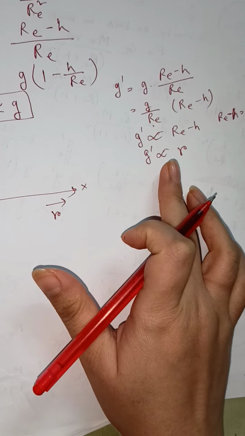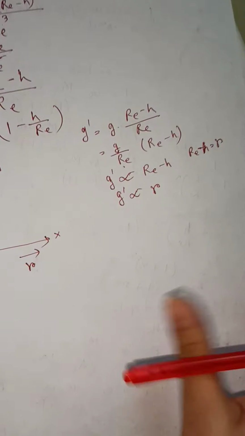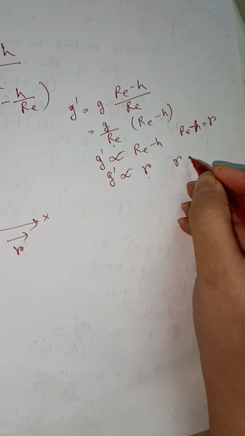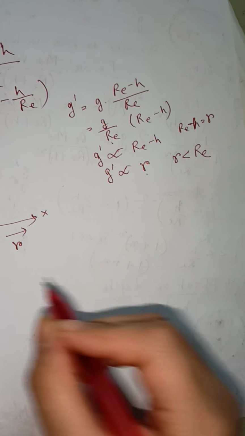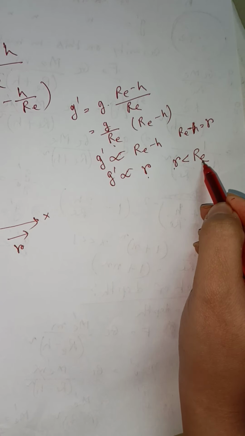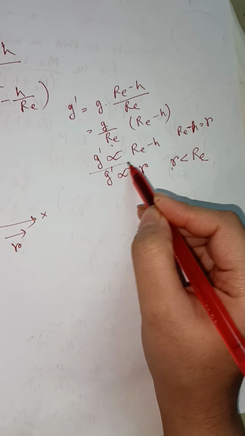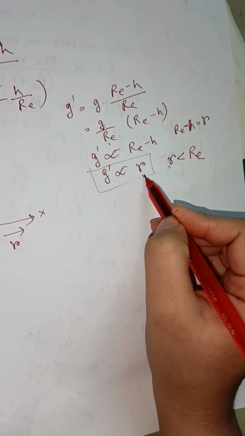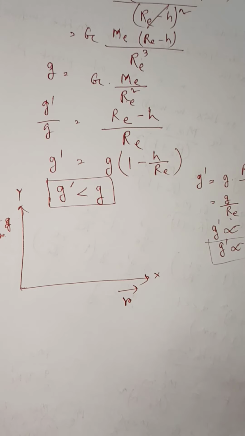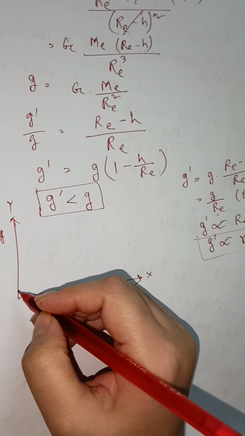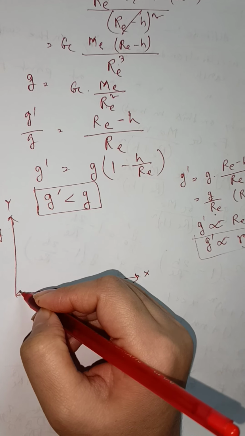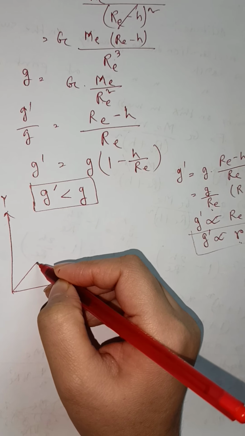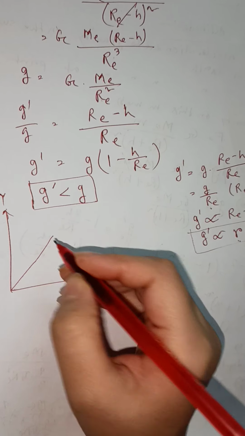So g dashed is directly proportional to r when r is less than RE. So if r increases, then g dashed also increases.